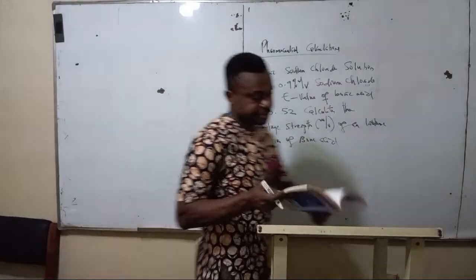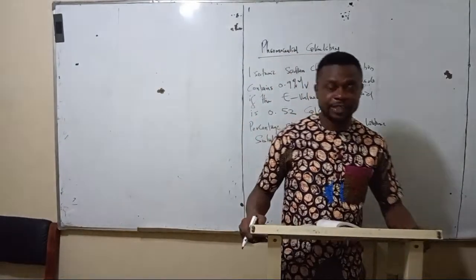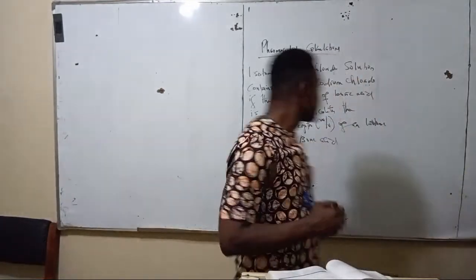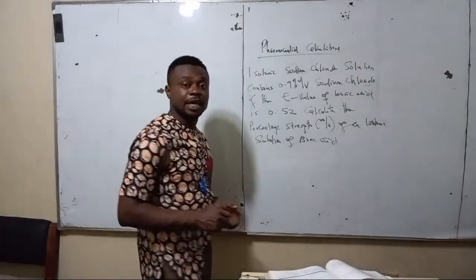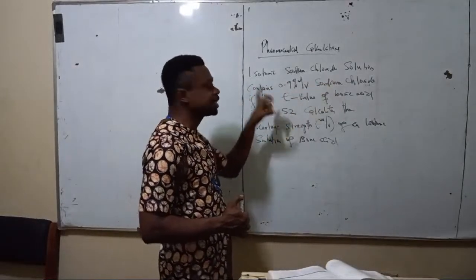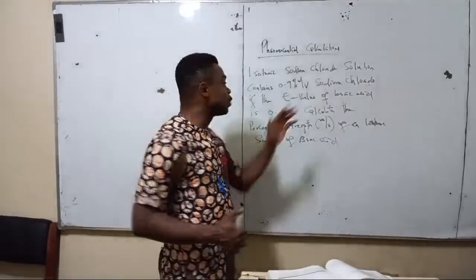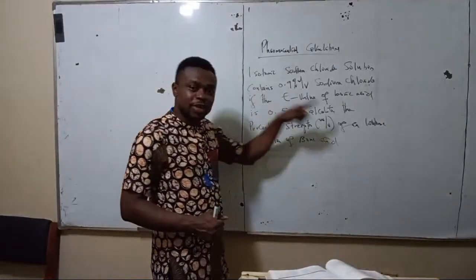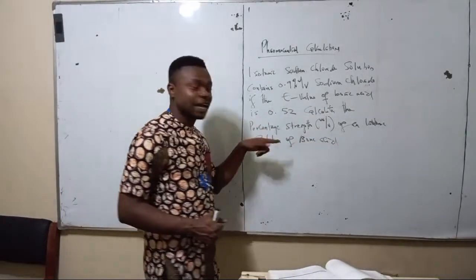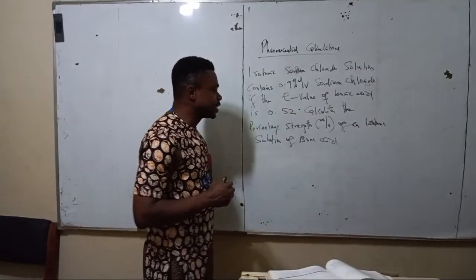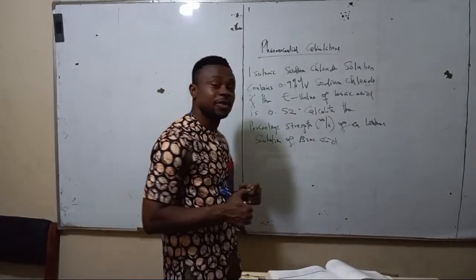Okay, let's solve this question. The question is simple. We need to understand something here. Let's go back to the question. It says isotonic sodium chloride solution contains 0.9% weight in volume sodium chloride. If the E value of boric acid is 0.52, calculate the percentage strength of an isotonic solution of boric acid.